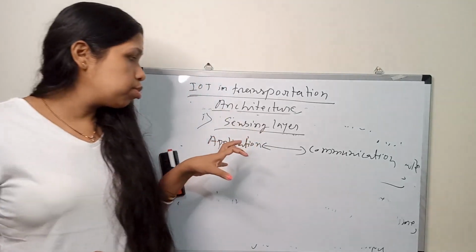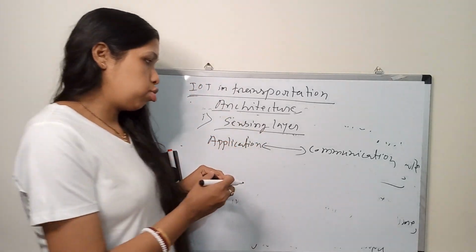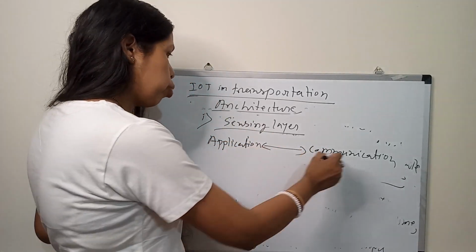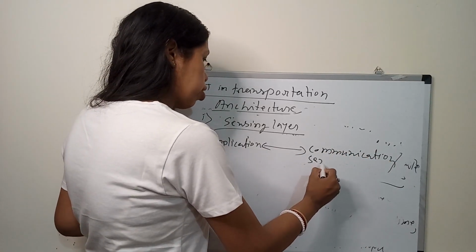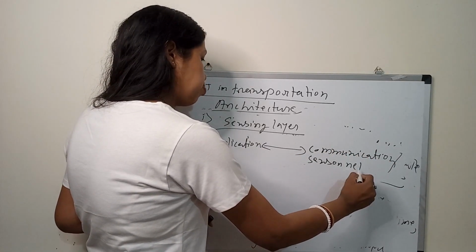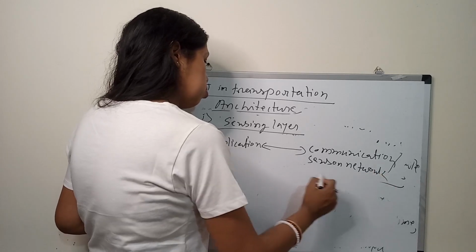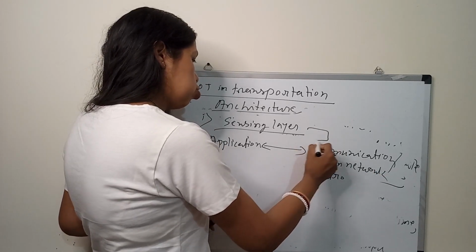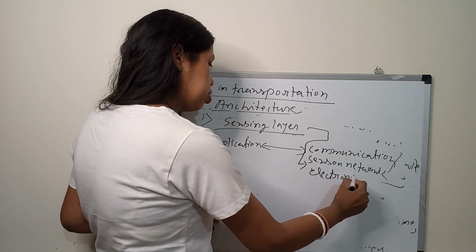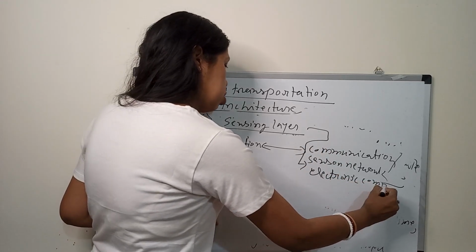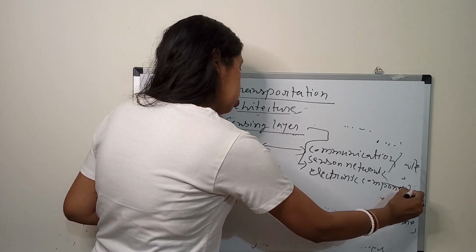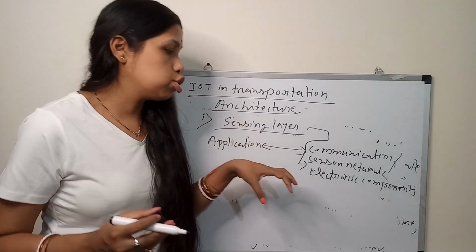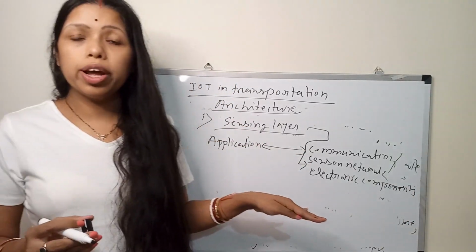In the case of the sensing layer, there is a communication layer as well as the sensor network and electronic components. The sensing layer consists of the sensor network and the electronic components.